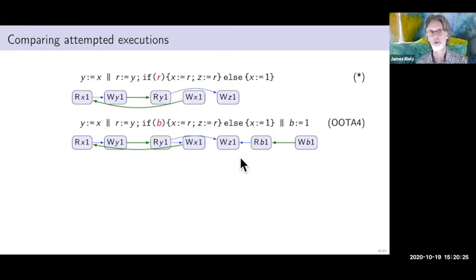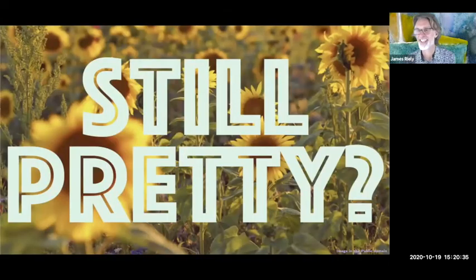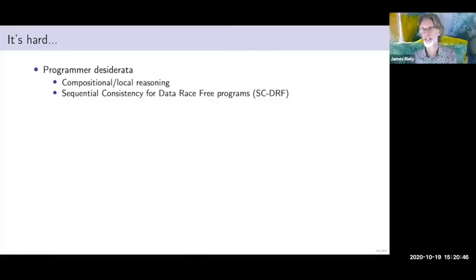Whereas in UTA4, there's no such independence, right? So you get a cycle. Okay. And this is the point where you have to ask yourself, is this still pretty? It was pretty before, it got very pretty, and now can we keep this thing pretty? And it turns out this is actually hard.